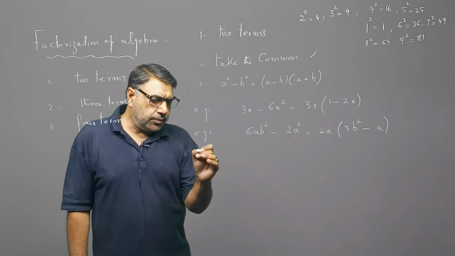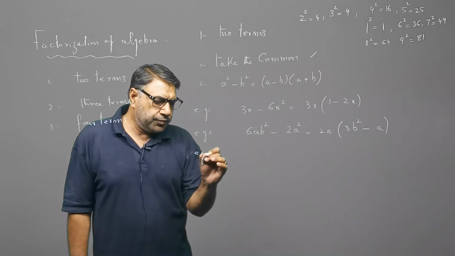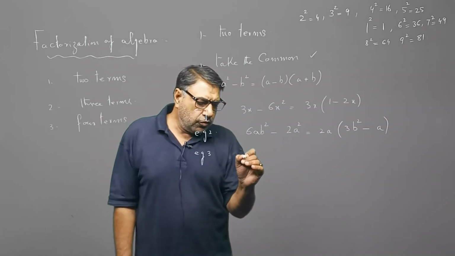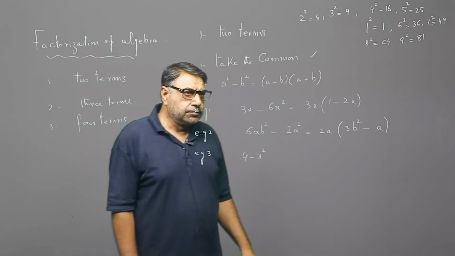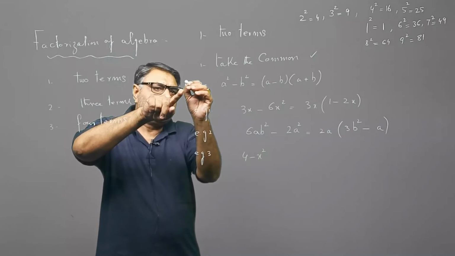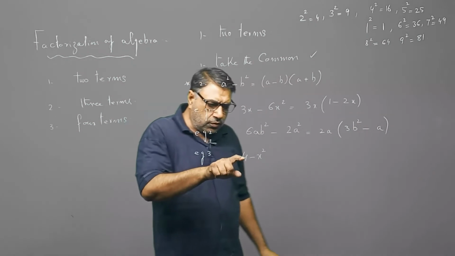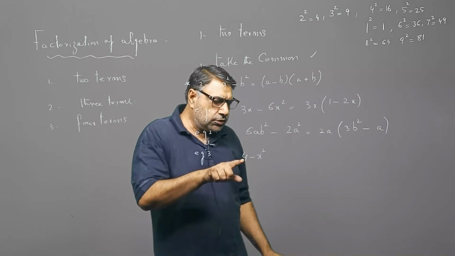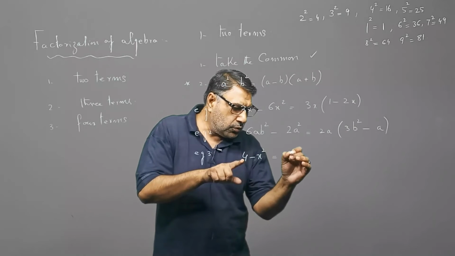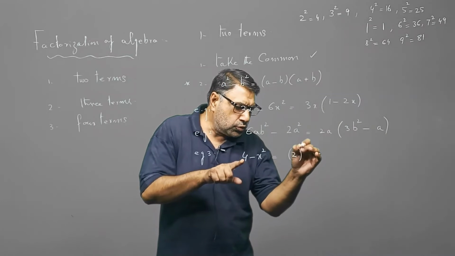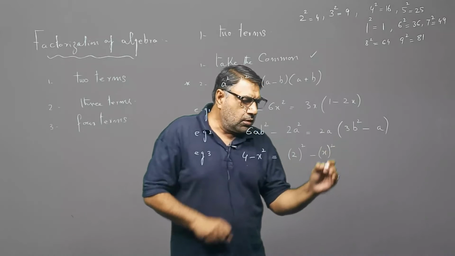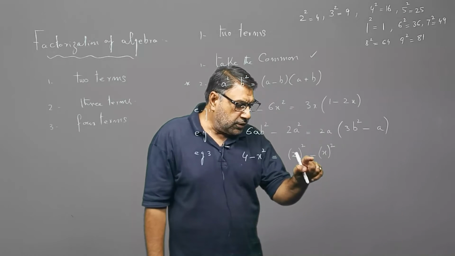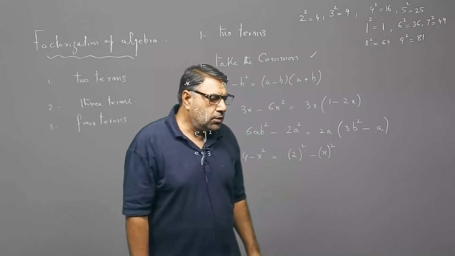For the second rule, example number 3: 4 minus x squared. We have to apply this identity. First of all, change the form. 4 is a square number, so write it like this: 2 squared minus x squared. Minus between two squares.